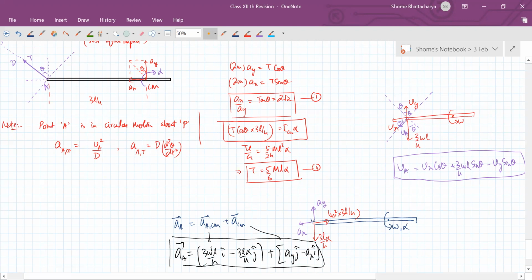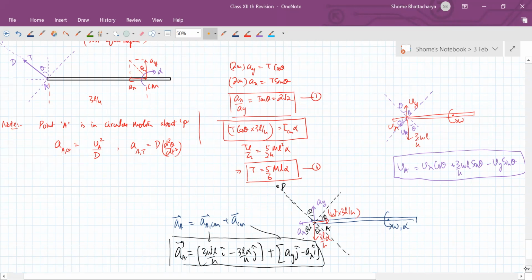So this point's acceleration, its component along this direction, the centripetal direction, should be equal to how much? It should be VA square by L, where VA is this much. Its component along this centripetal direction should be that much. So it's a bit of a lengthy equation, but okay.